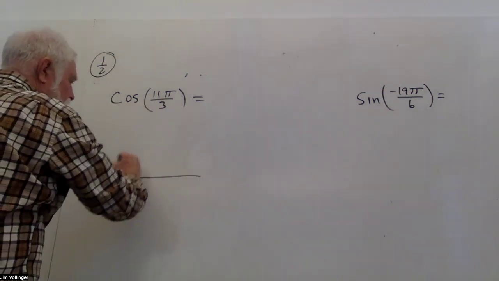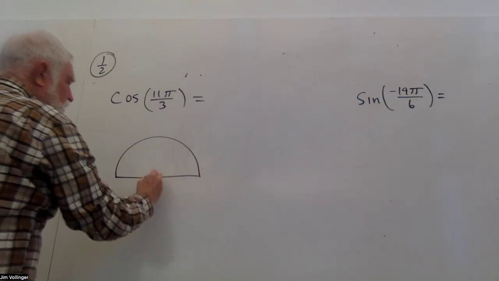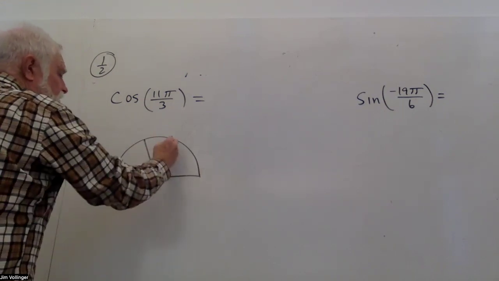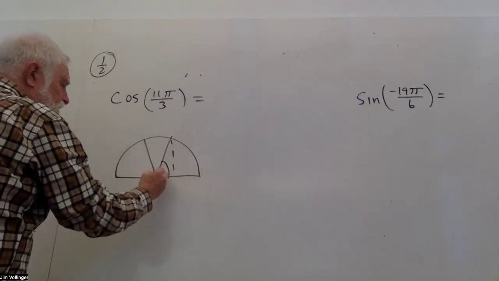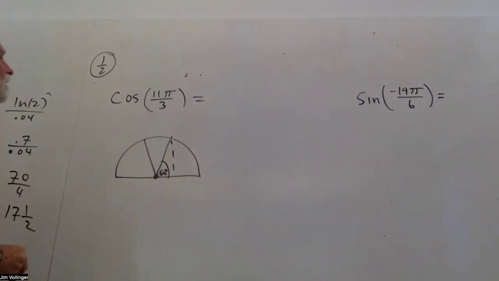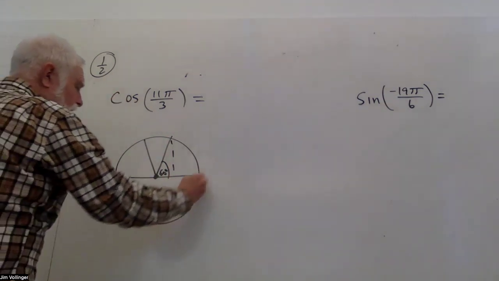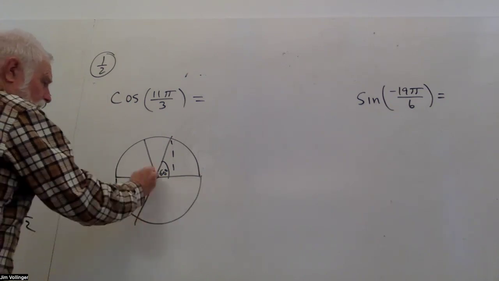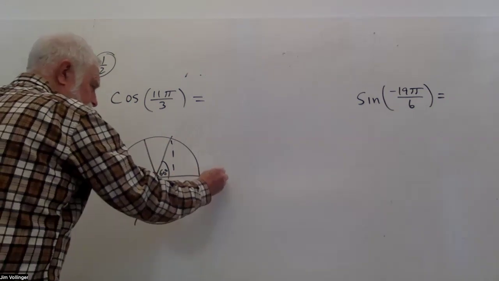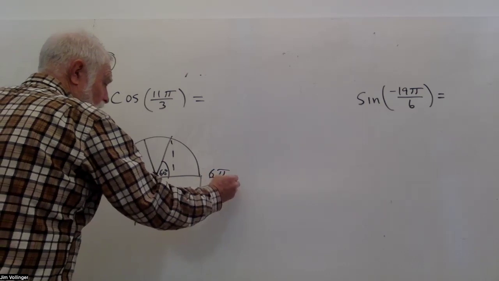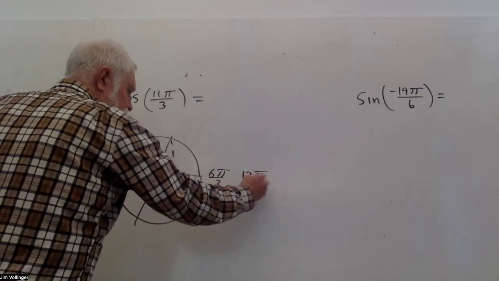Pi, top half of the circle. Break it up into 3 parts. Oh, yes, draw those triangles, and we know we're looking at 60-degree reference angles. I want 11 of them. Well, I know this breaks it up into 6. And I know if I go around again, that's 12.